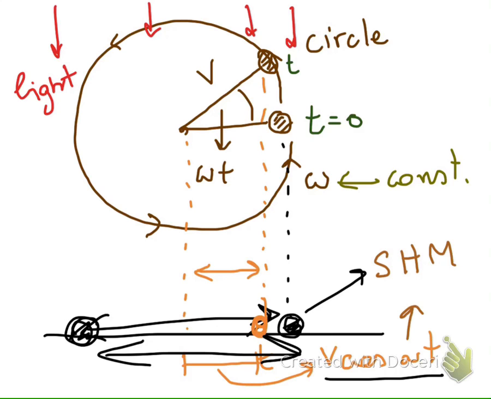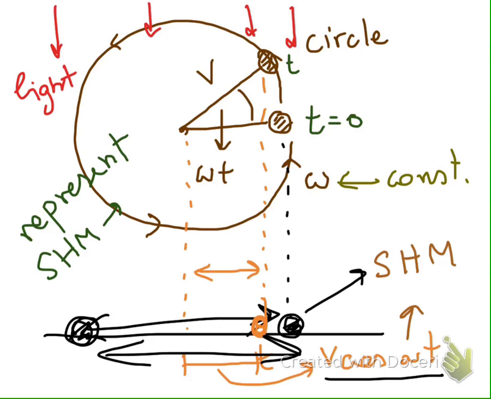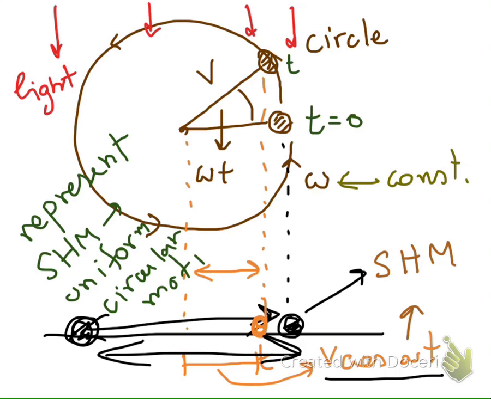So in this case, we can represent the simple harmonic motion as, we call it the uniform circular motion.